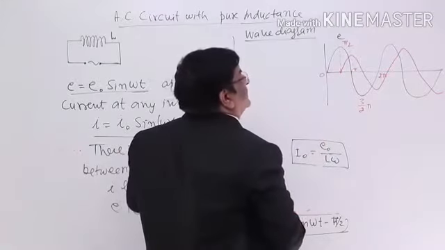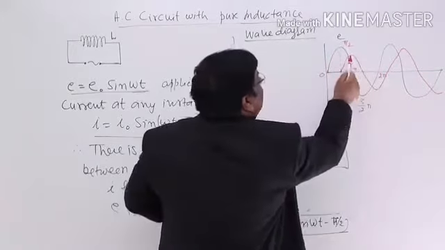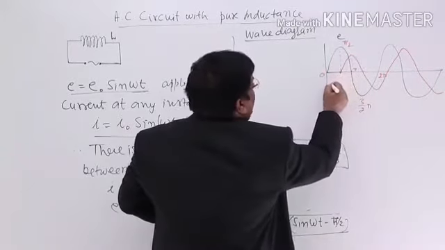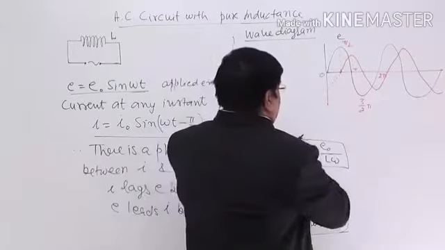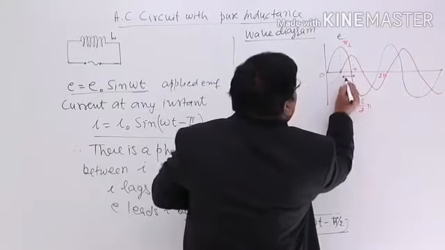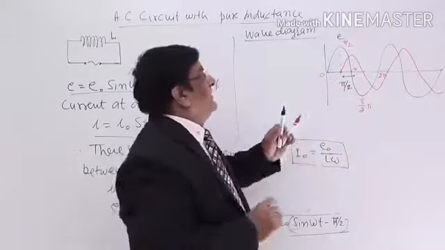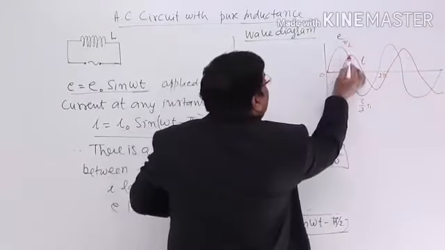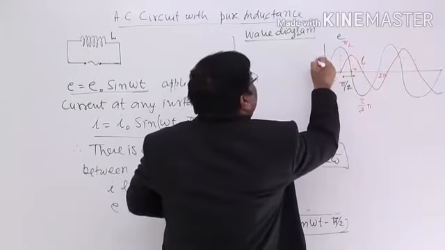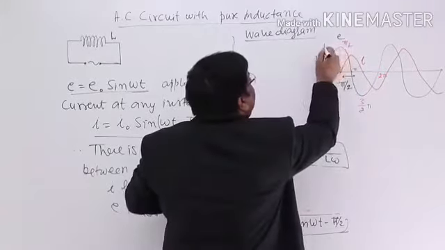So you will say, first who forms the peak? E forms the peak. After a certain time, I forms the peak. So this is the graph showing that there is a phase difference, and this phase difference is pi by 2. This is the wave diagram showing the phase difference between EMF and current. This peak value is I naught and this peak value is E naught. So this is the wave diagram.